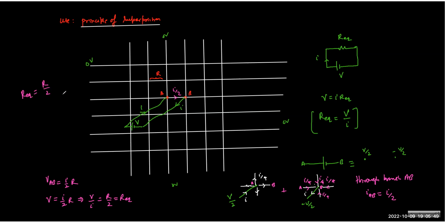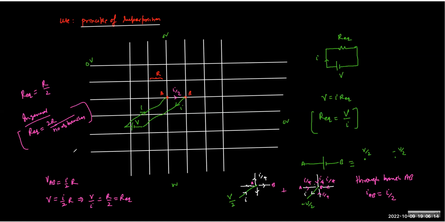R by 2. So in general, if you remember, I have explained that also, it is 2R by number of branches. So 2R by number of branches. What is the number of branches leaving a junction? 4. So 2R by 4 is the answer. You can apply it for anything.